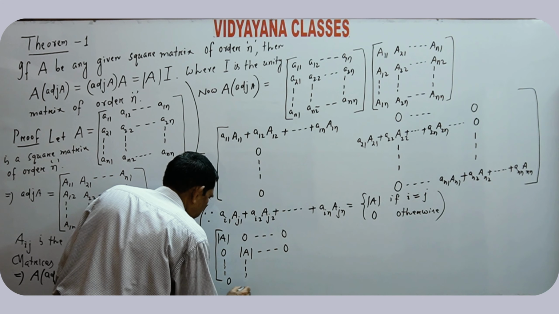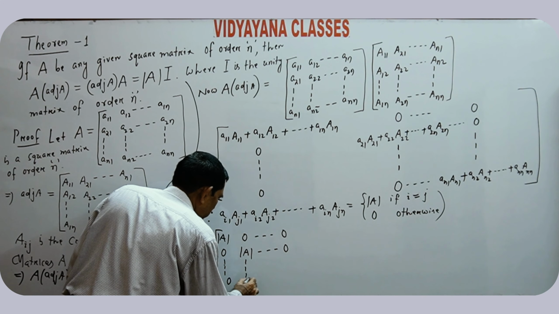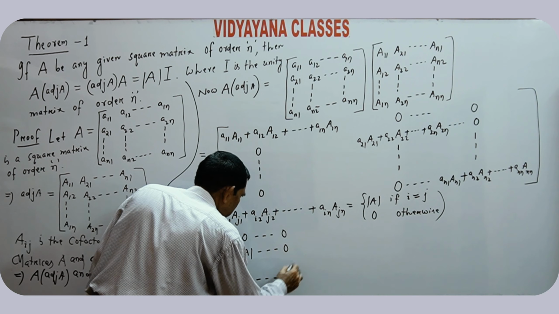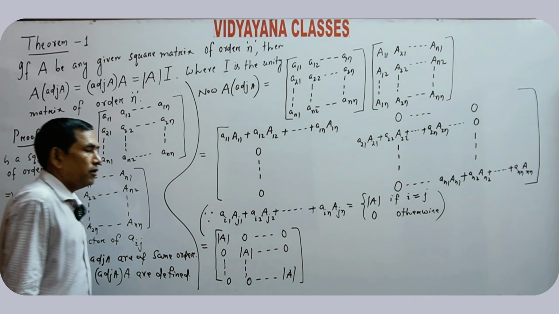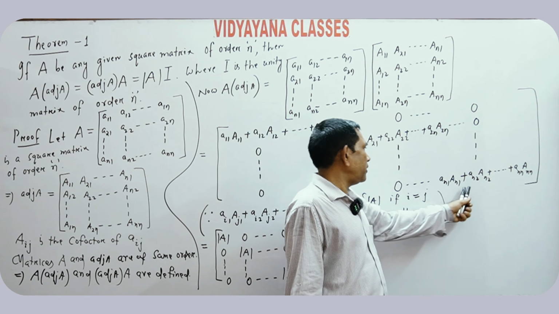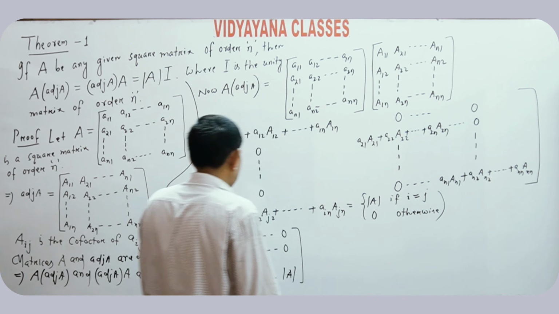It is 0, dotted with the determinant of A. Clear? It is a determinant. It is also a determinant. It is also a determinant.